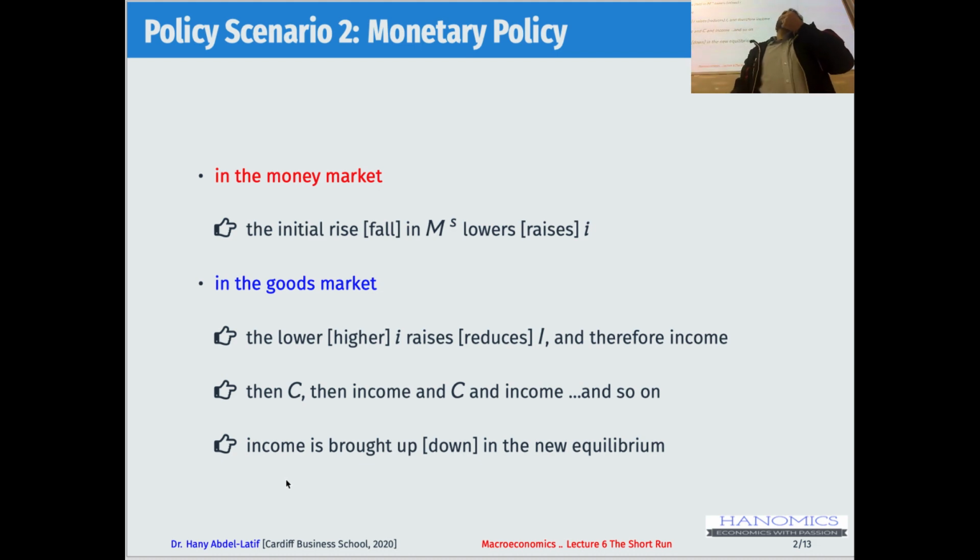So a lower interest rate means a higher investment level, and that means higher aggregate demand or higher income. And that higher income means, again, we go the same round, higher consumption leads to higher income, and so on until we reach the equilibrium point. So this is an expansionary monetary policy.